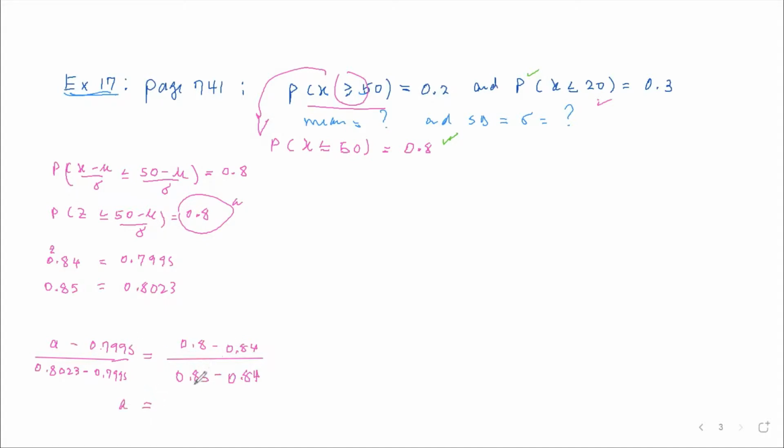Let me check that it is correct. This side A is 0.8, and this one 0.84. Sorry.